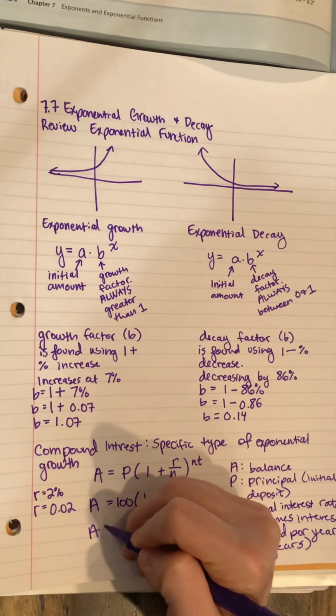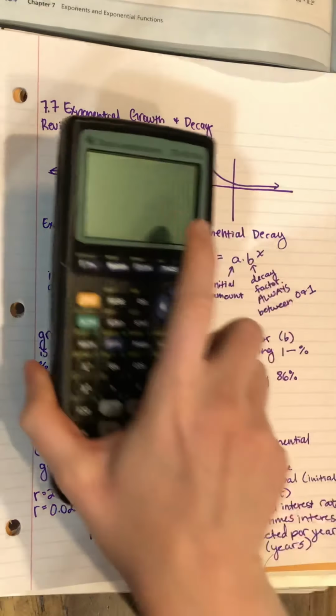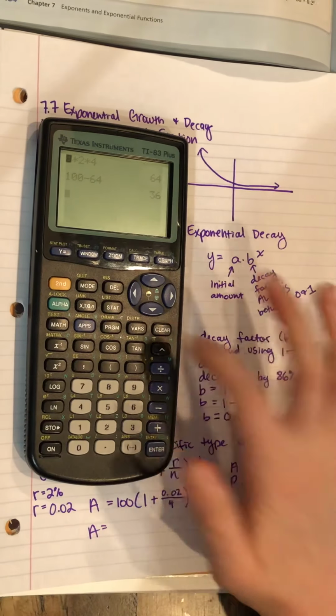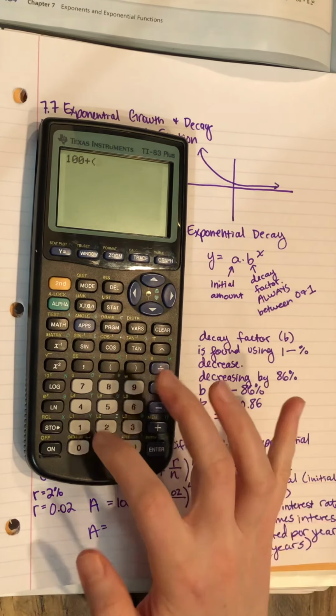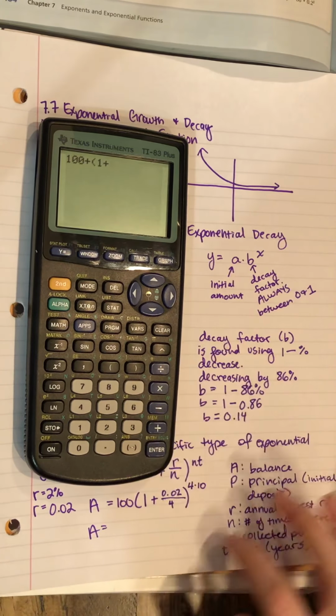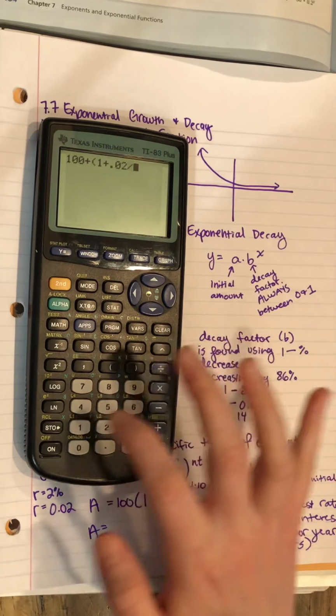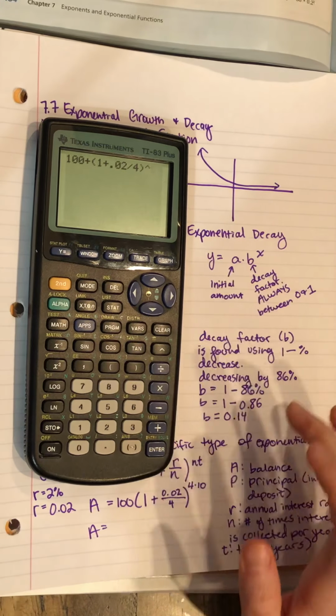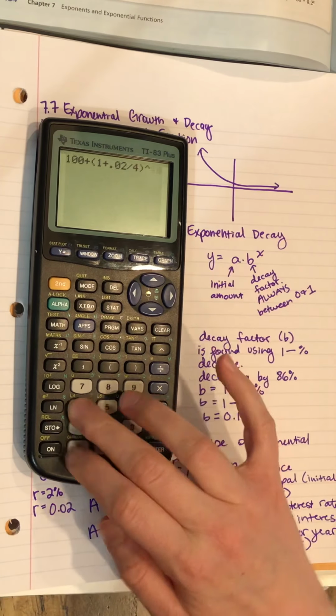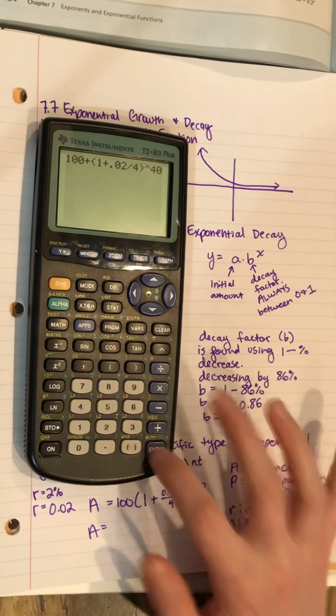So let's actually do this. So we got 100 times (1 + 0.02 divided by 4) to the, we'll just put that in as 40 because we know 4 times 10.